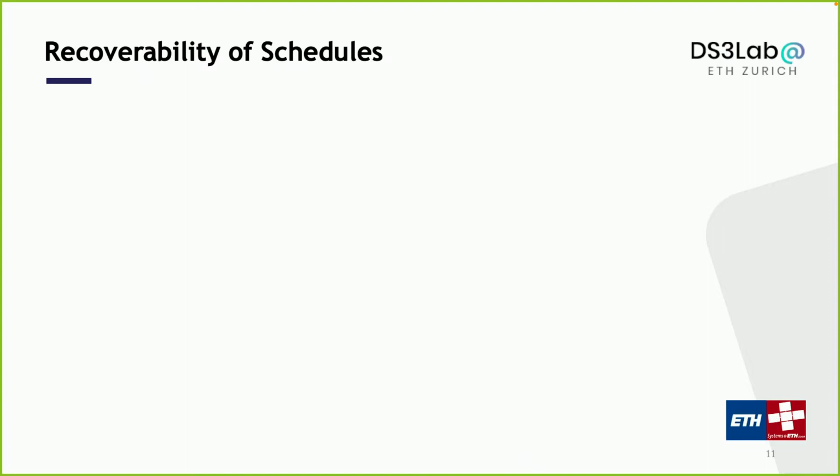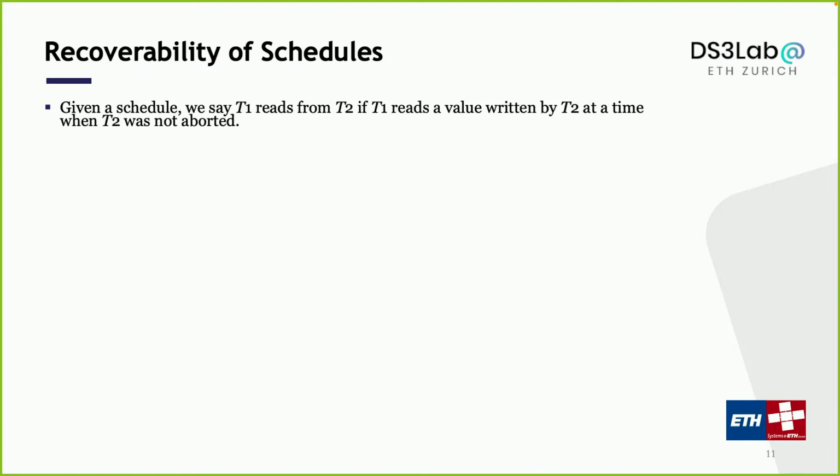So given a schedule, which is a very specific way that you can mix your instructions together, we can define its recoverability. Essentially, if you have a schedule, we say T1 reads from T2 if the following is true: T1 read a value written by T2 at a time that T2 was not aborted yet.